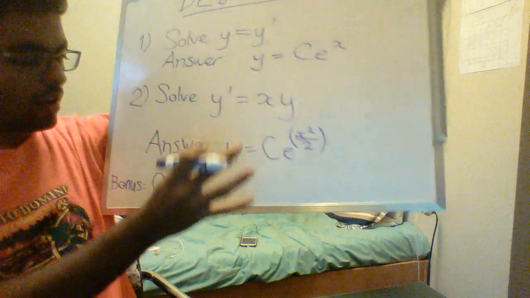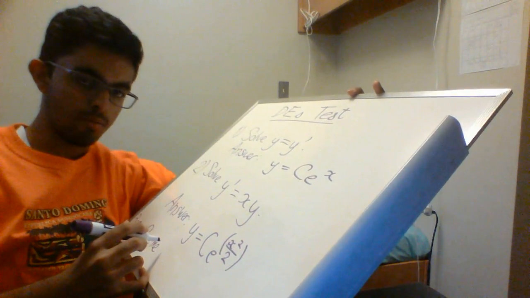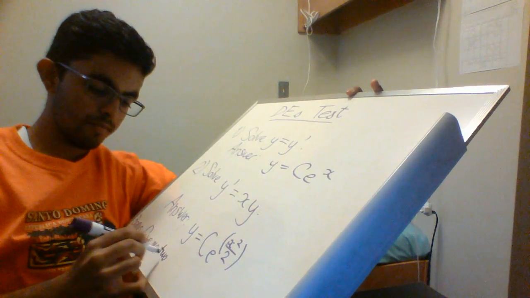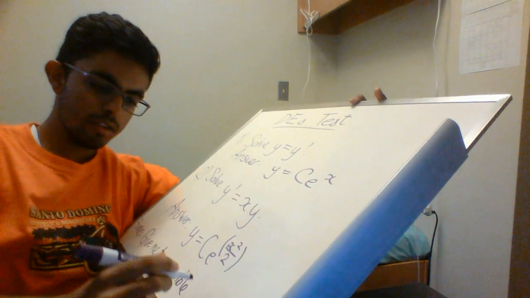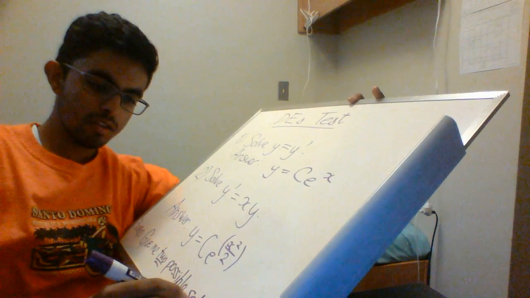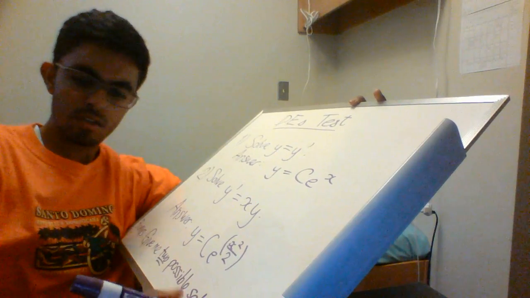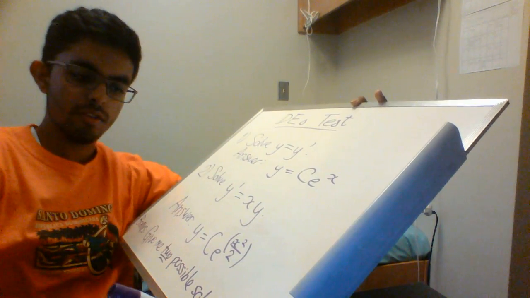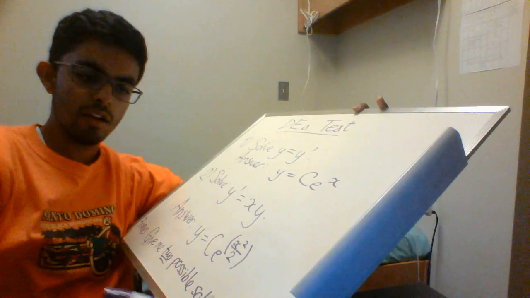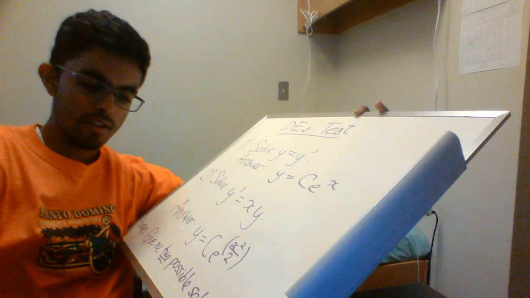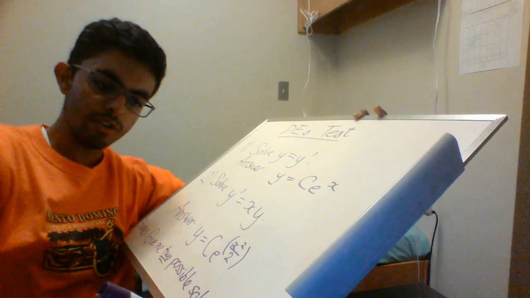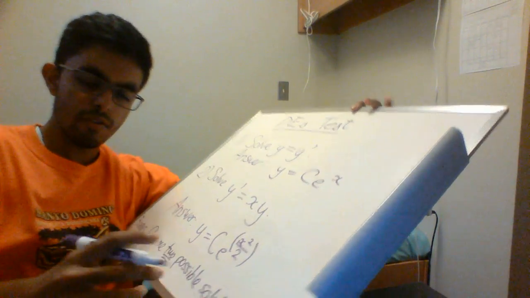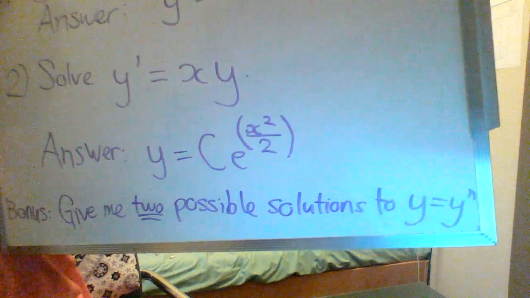I'm going to write this, I'm going to just write it down, and then I'll put the board back up. So, I want two possible solutions for this question at the bottom, all right?